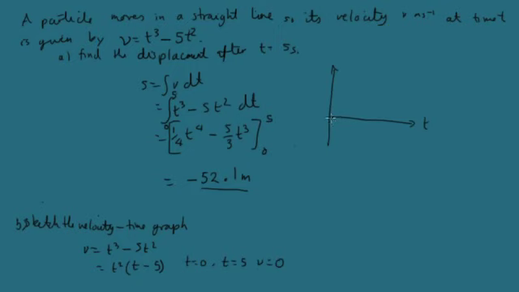I'm going to draw it up here. So t equals 0 here, v is 0, and at 5 here is 0. And because it's cubed, it's going to increase. So there's a minimum and it goes up.